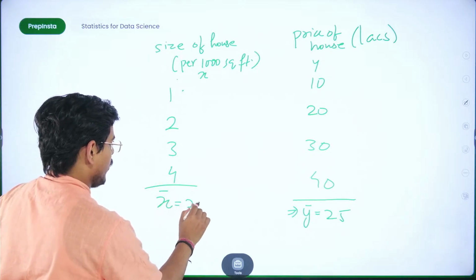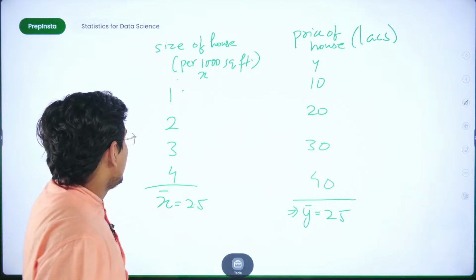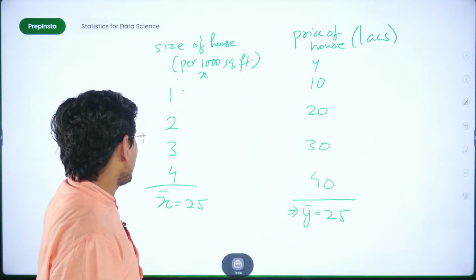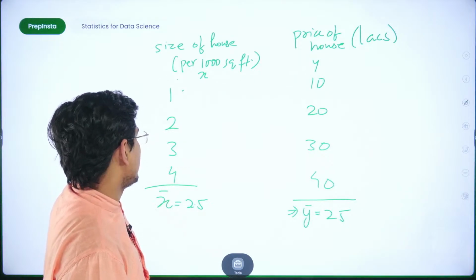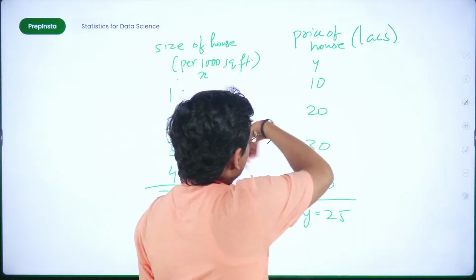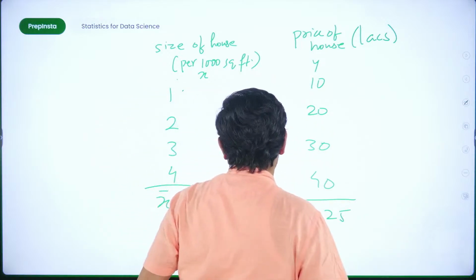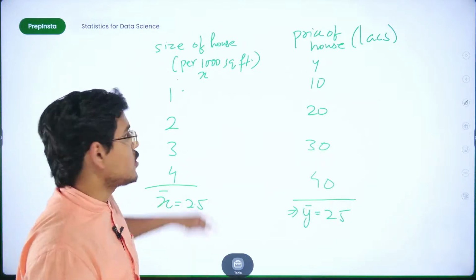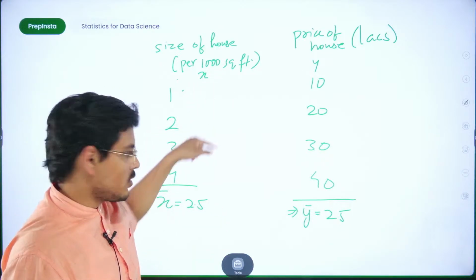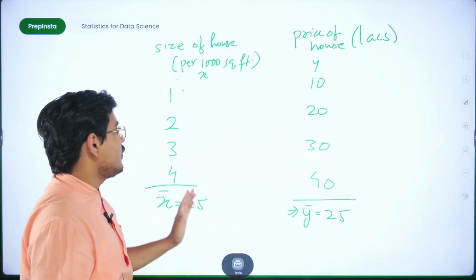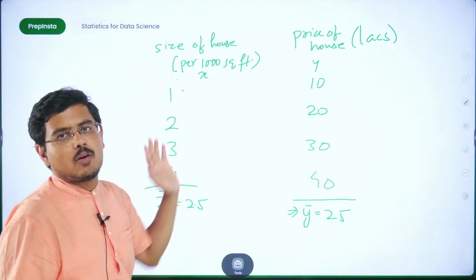So this is 2.5. So 2.5 is the sample mean of the size of house. Actually this is 2500 square feet, because you have to multiply with 1000. Think of it in those terms, but we have used it for simplification of calculations.